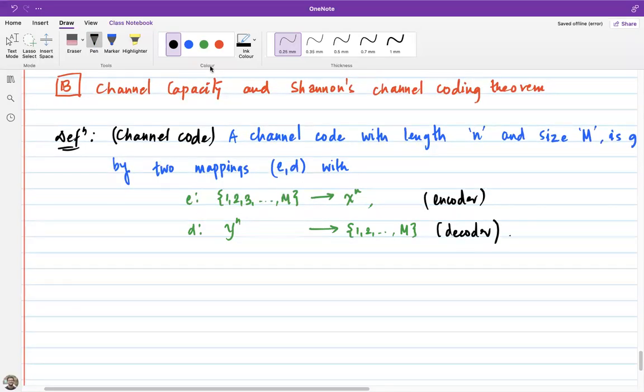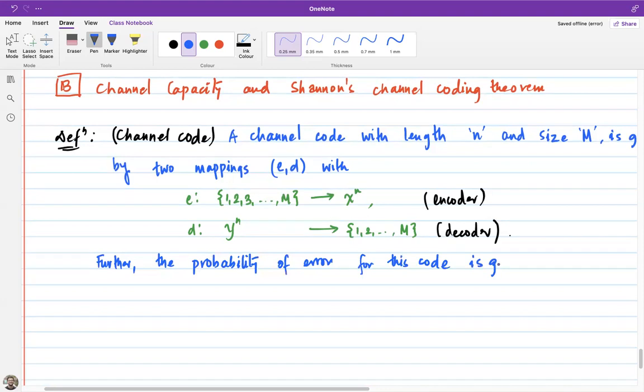So with each code, we also have something called the probability of error. Further, we define the probability of error of this code as the following.